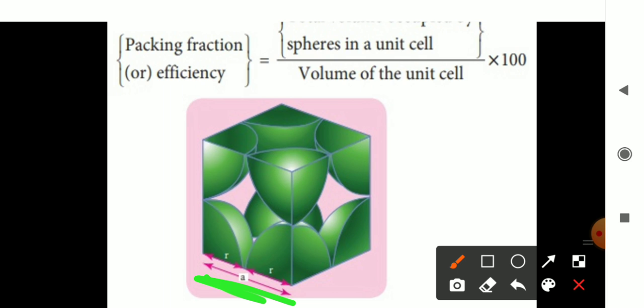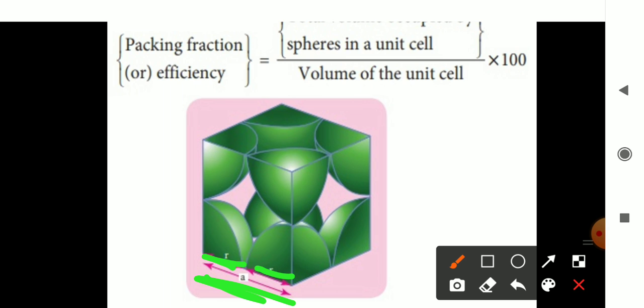We know that every cube has 12 edges and their lengths are equal. The edge length is taken as a. And here, this is r, the radius of the sphere. This is another r, the radius of the sphere. We have to keep this in our mind very clearly.